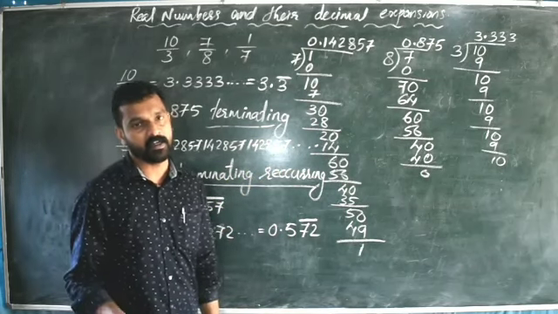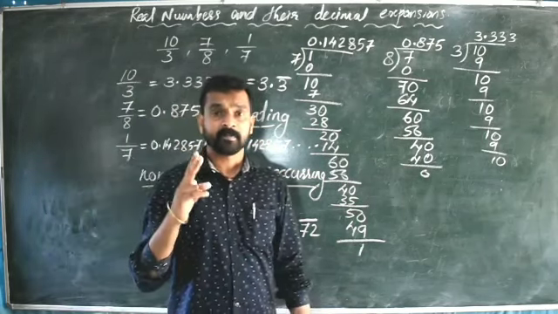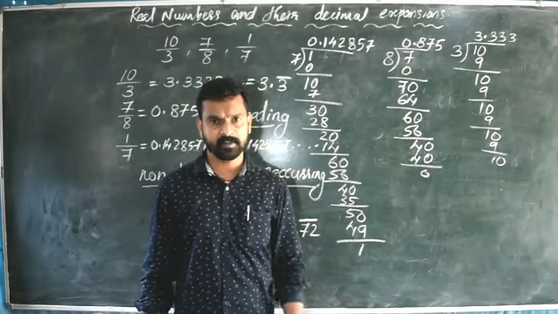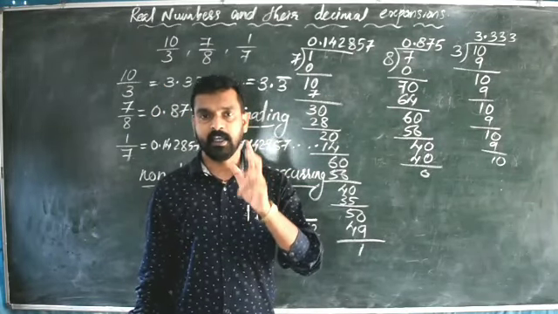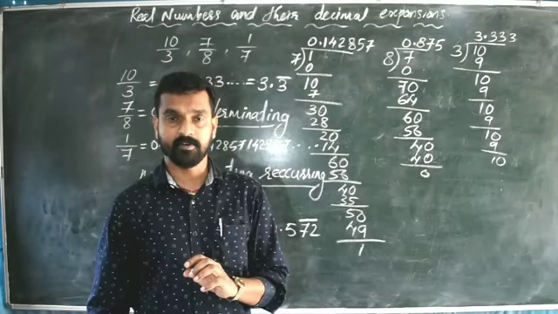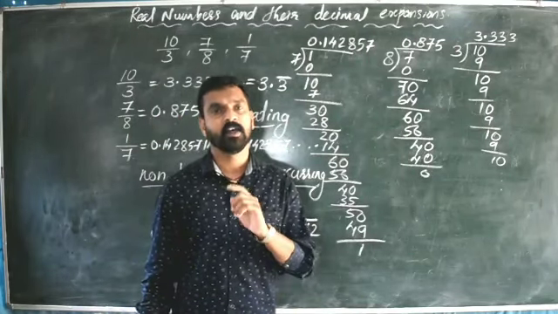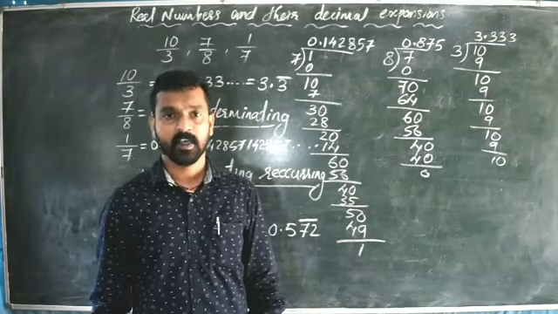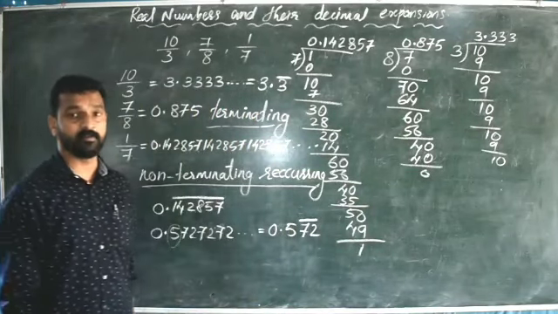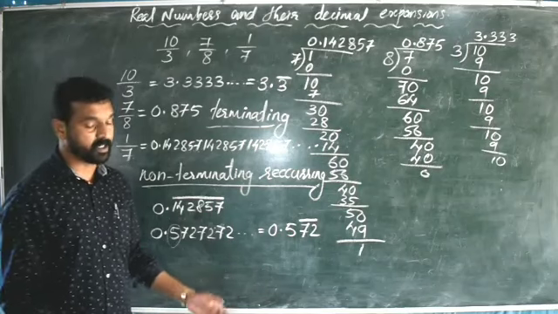So remember, for the decimal expansion of rational numbers, two types are there. Either it will be terminating or non-terminating recurring decimals. Then from this we can say about irrational numbers. That's the opposite.